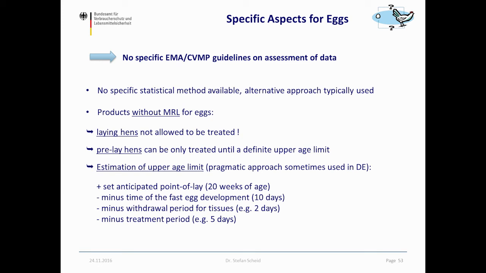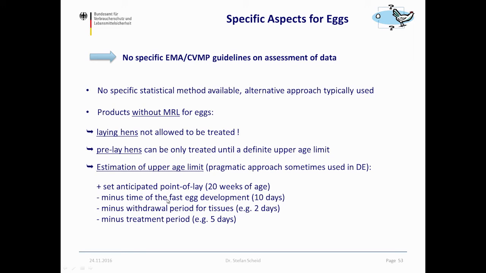or set an upper time period before they start laying. That's what we have done in Germany sometimes. So we set the point of lay at, for instance, 20 weeks of age.